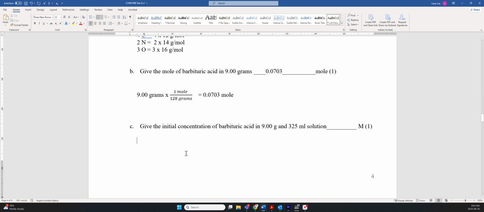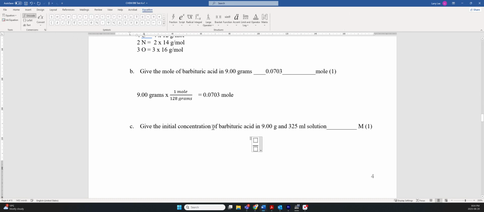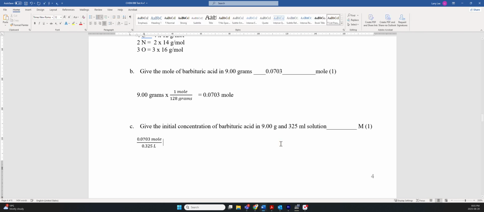All you have to do is take the moles, in fraction form, 0.0703 mole divided by 0.325 liters of solution. This will give you a total value of 0.216 molar, moles per liter of solution. And that's what you're supposed to put in here.